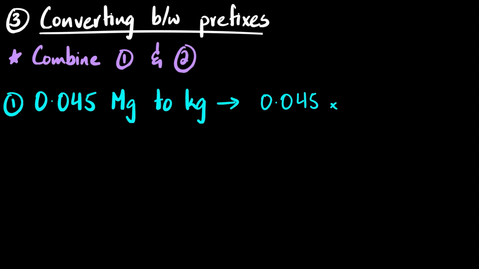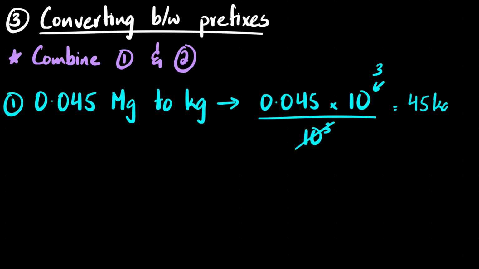Instead of the mega, I'll just write down its power of 10. So that is 10 to the 6. And to convert to the kg, I have to divide by its power, which is 10 to the 3. And when I do this, this becomes 10 to the 6 minus 3, which is 3. So 1, 2, 3. So this just becomes 45 kg. Right? So this is also very straightforward.